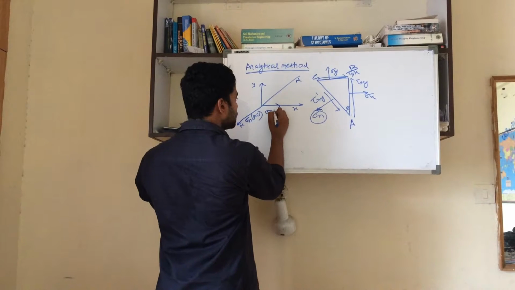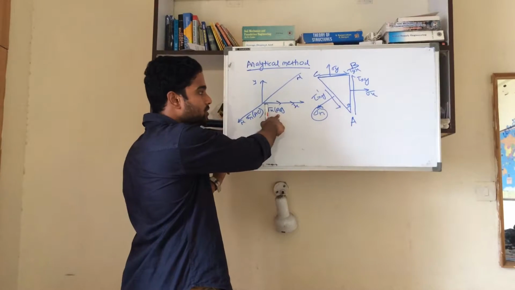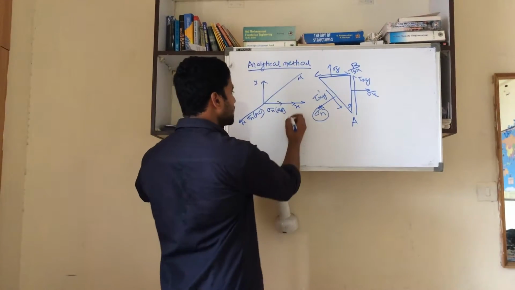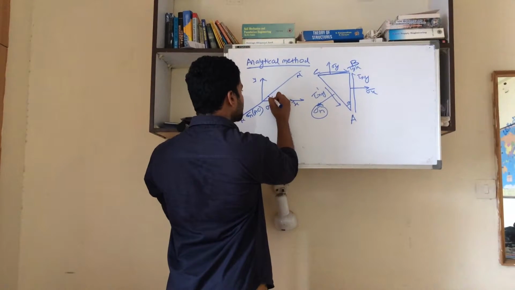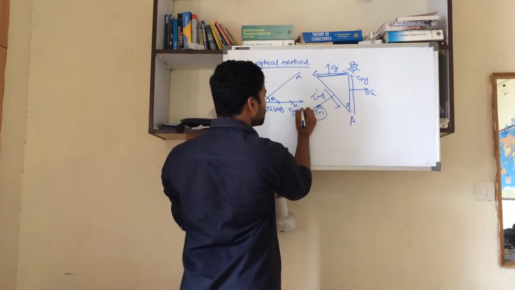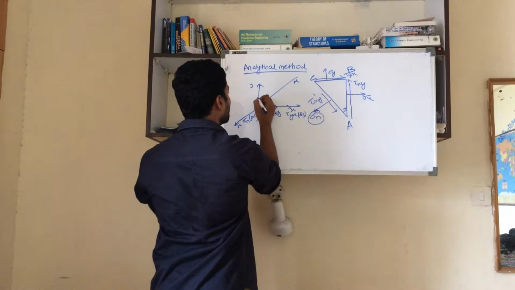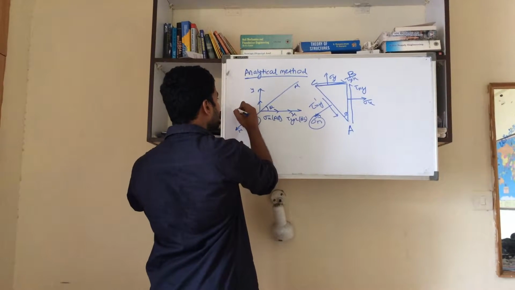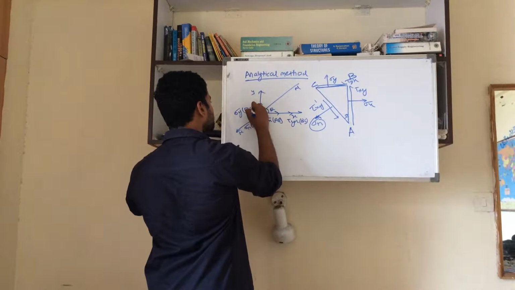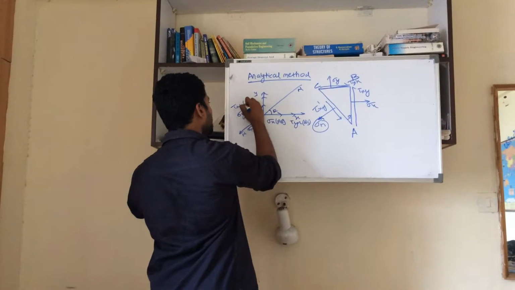On this face it would be sigma x multiplied with AB, as I am considering unit thickness. This is theta, this is tau yx, because tau xy is acting in this direction, so tau yx multiplied with BC. The area would be BC multiplied with 1, and along this direction it would be sigma y multiplied with BC, and this would be tau xy multiplied with AB.